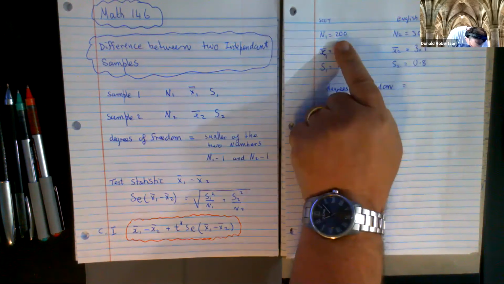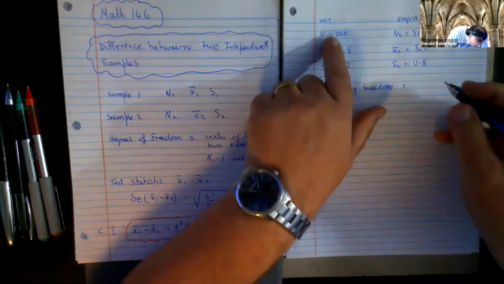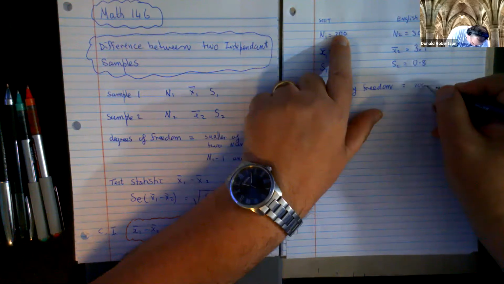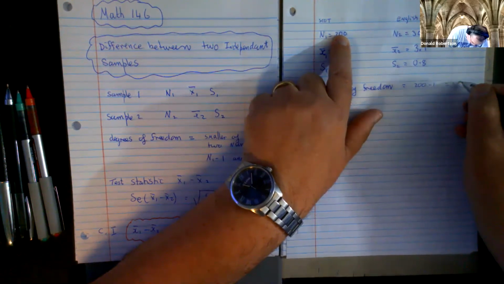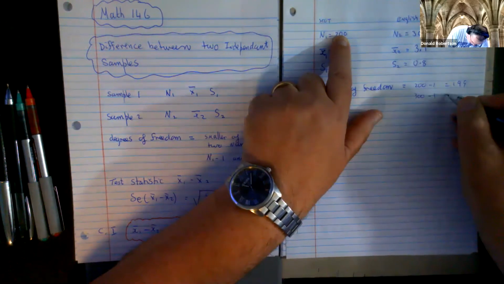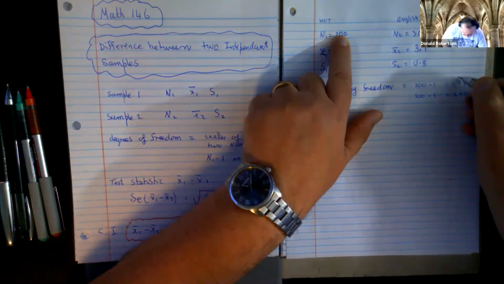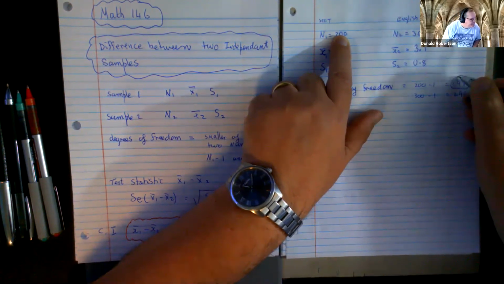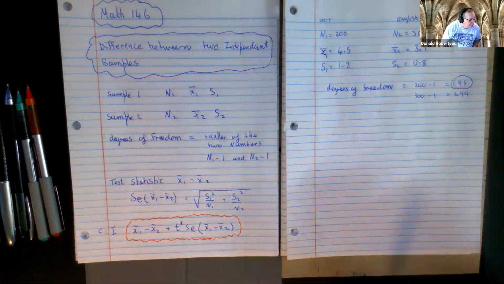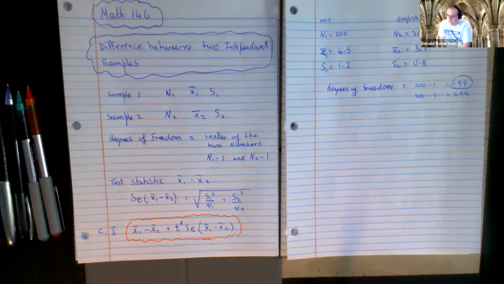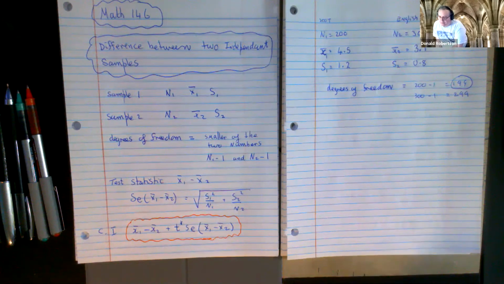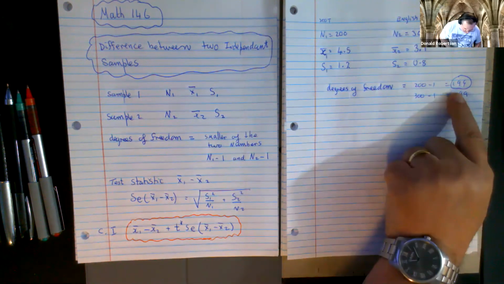So you take this one, subtract 1 and you get 199, and you take this one and you subtract 1 and you get 299, and so you choose the smaller as your degrees of freedom. Okay, it's not a biggie, but it could make a difference, right?